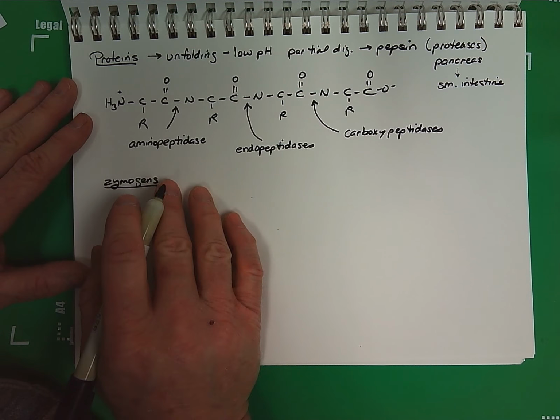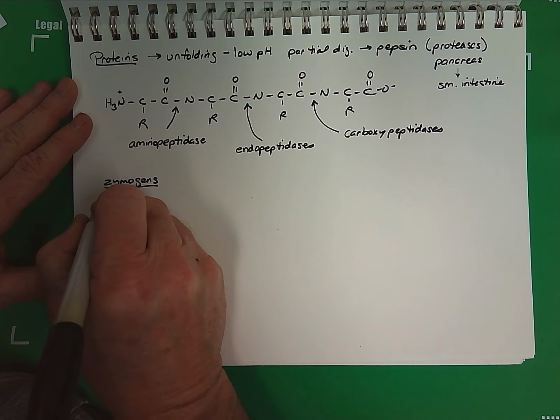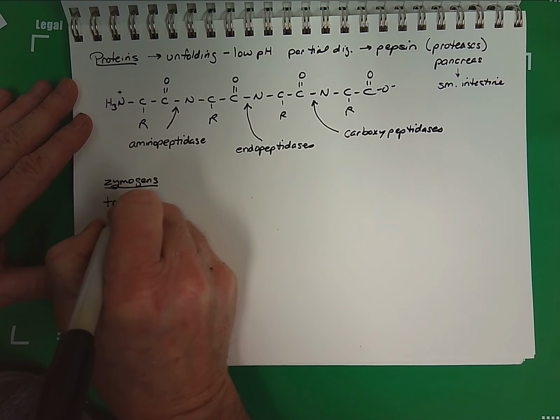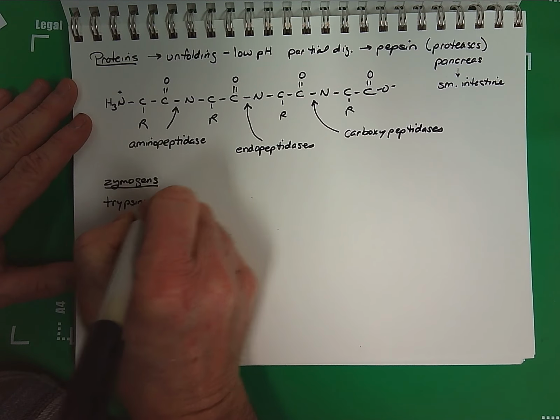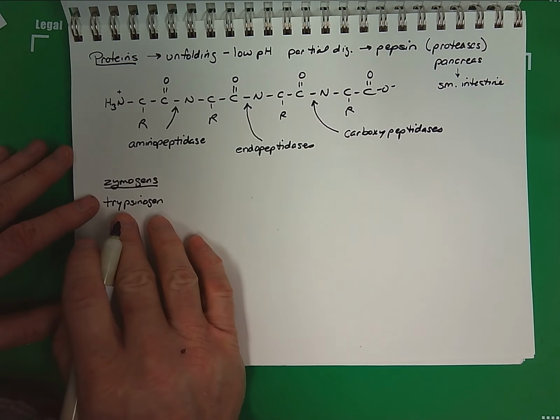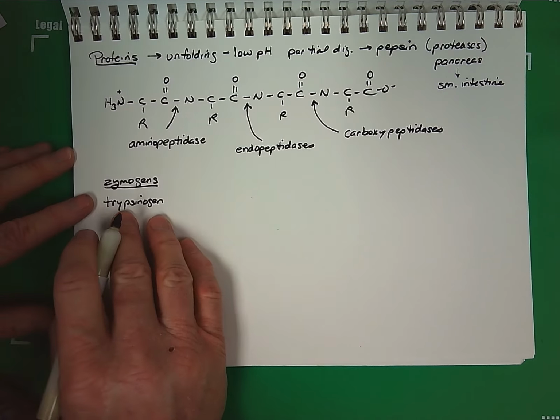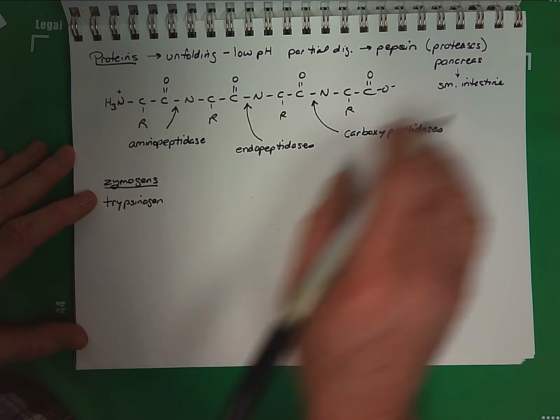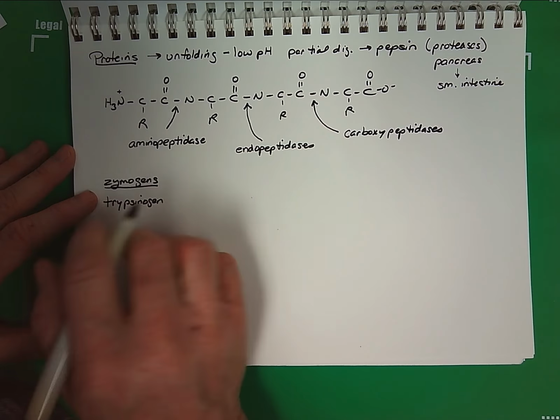In this case, what we have is the enzyme trypsinogen, which is a general class of endopeptidases. And trypsinogen is made by the pancreas in its inactive form.